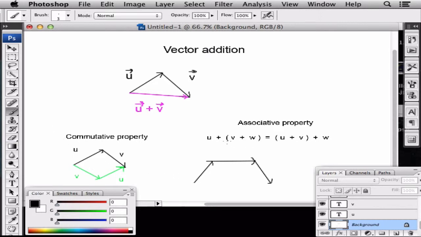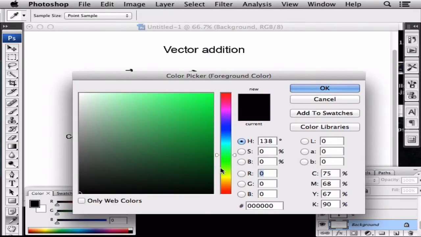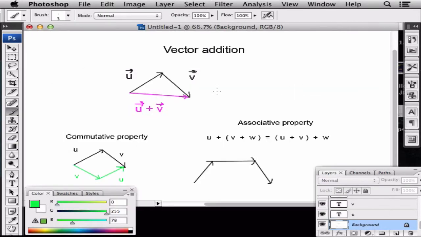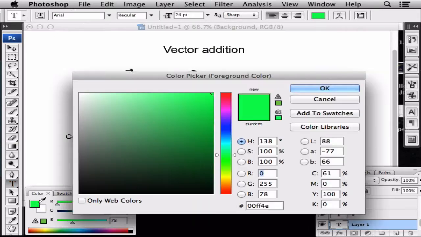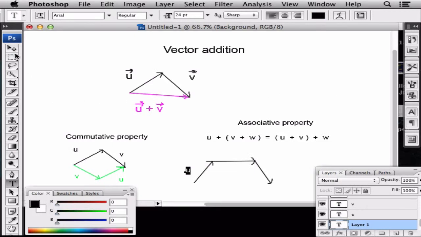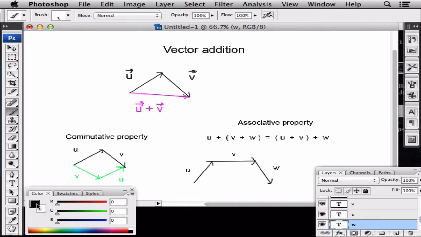I'm going to pick a different color for v plus w. Let me label these as well, to make it clearer what's going on. This is u, this is v, and this is w.